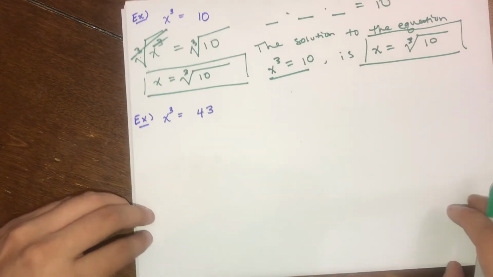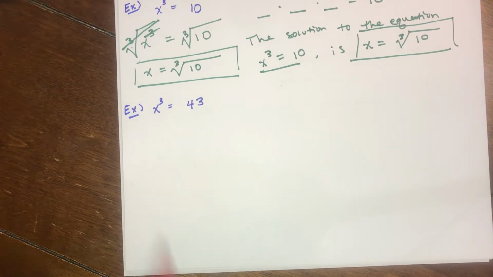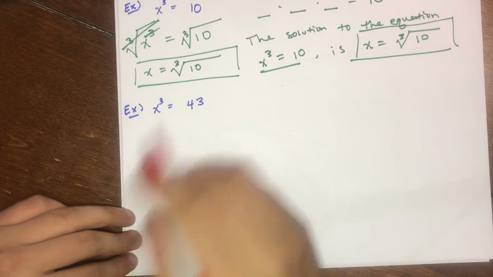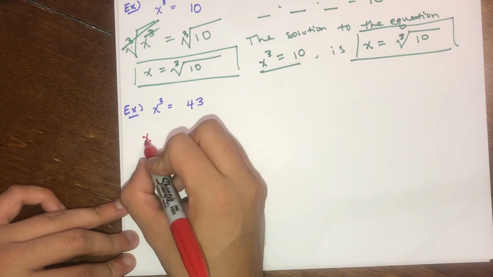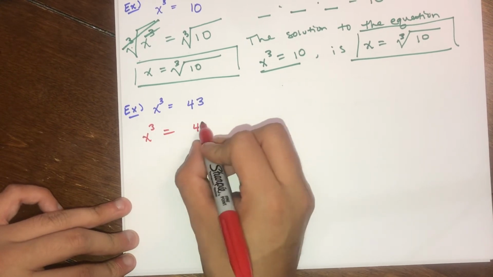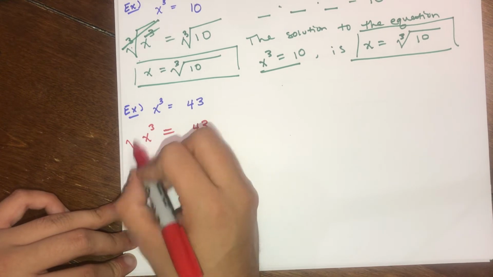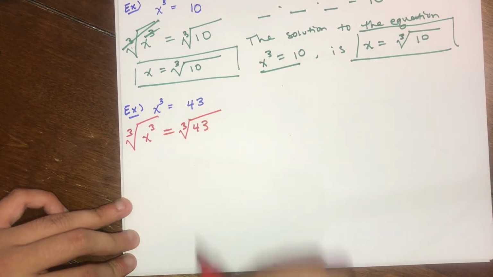So same thing here, all right? X cubed equals 43. So now we want to get x by itself. We want to find a solution to this problem. Let's find a solution, okay? So we'll start with x cubed equals 43, okay? Then we'll take the cube root of both sides to get rid of the cubed. Don't forget the 3, very important, okay?